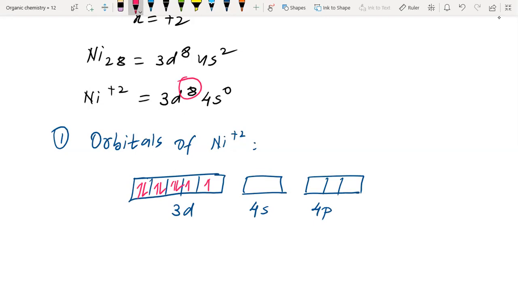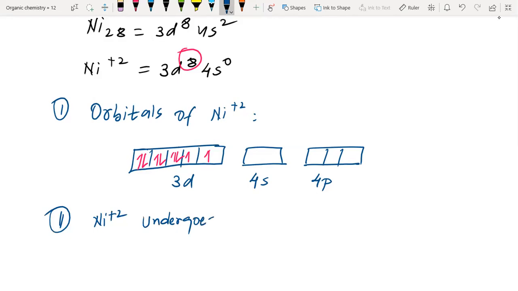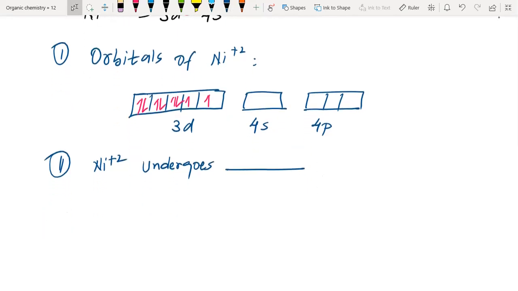Now the next point is: Ni +2 undergoes what hybridization? Now how to get this?